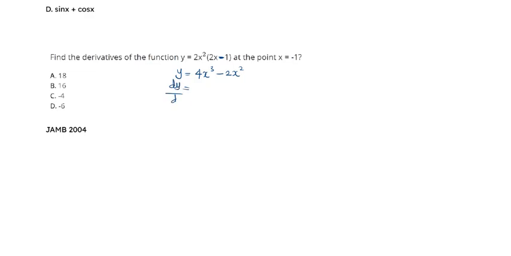Then we substitute minus 1. So we have 12 into bracket minus 1 all squared minus 4 into bracket minus 1. That will give us 12 plus 4, which is 16.